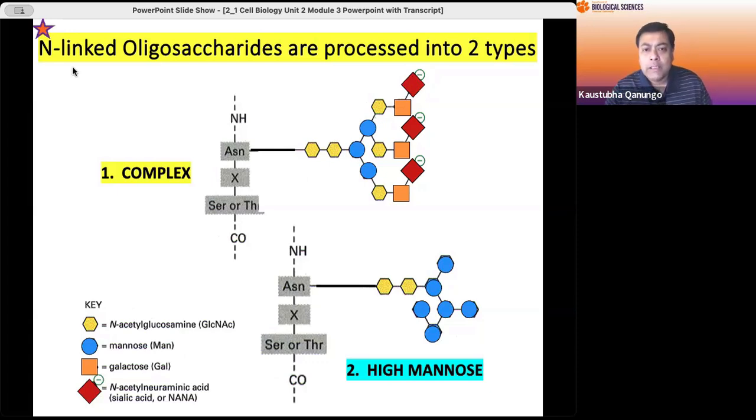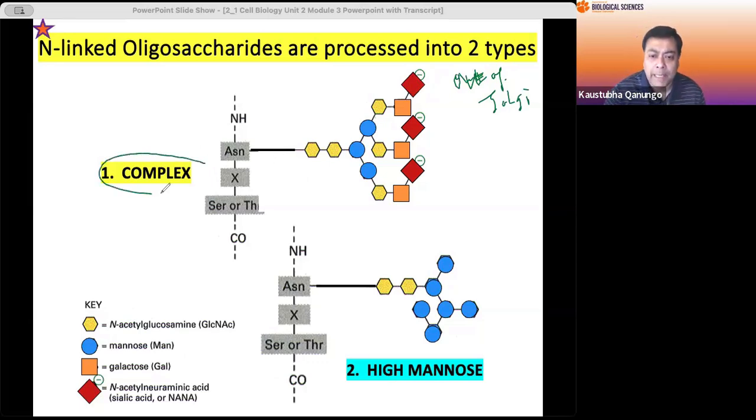So the N-linked oligosaccharides that we just saw are processed into 2 types out of the Golgi. These are your matured proteins that are going out to the membrane. They're going to the lysosome, and these are different proteins. So one is a complex. The complex protein has 2 N-acetylglucosamine, 3 mannose, another 3 N-acetylglucosamine, 3 galactose, and 3 sialic acid.